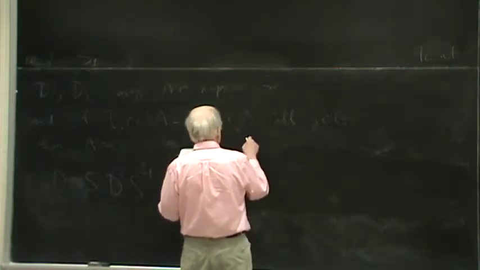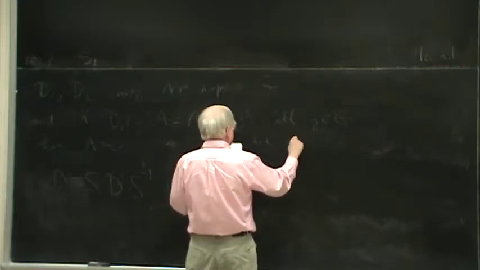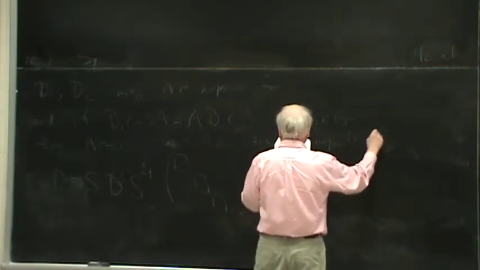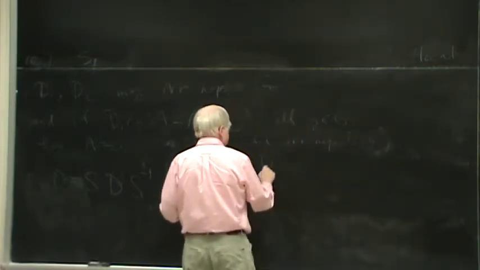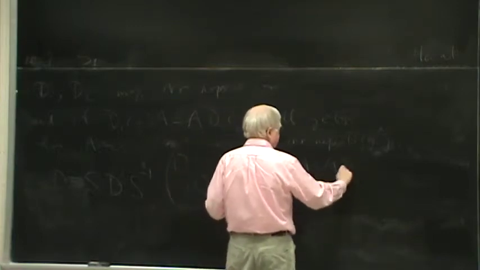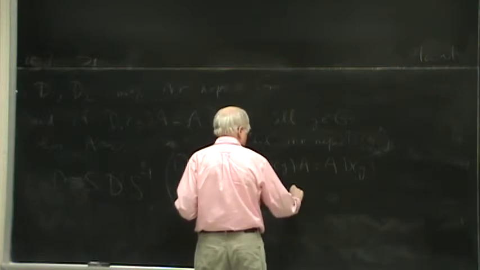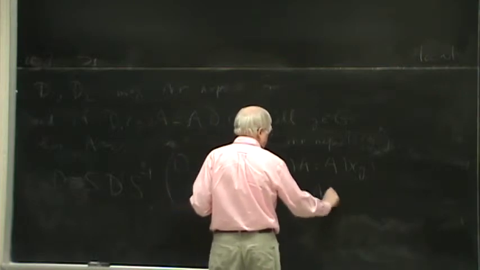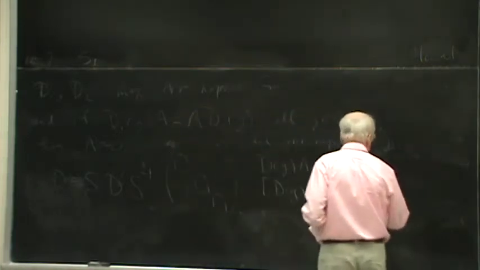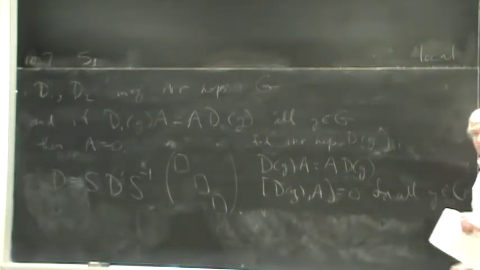All right, so we have a finite dimensional irreducible rep D(g), and D(g) A is A D(g). So now, in other words, the commutator of D(g) with A vanishes for all g in the group.